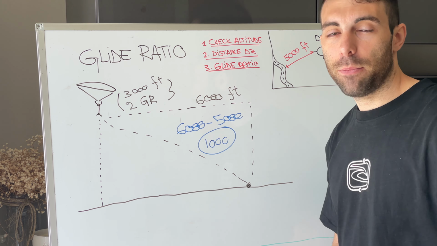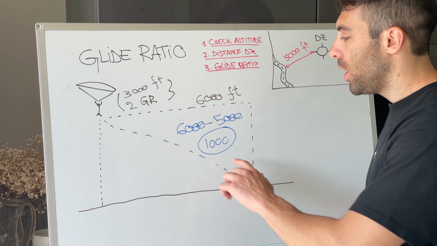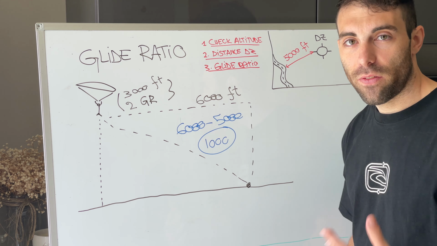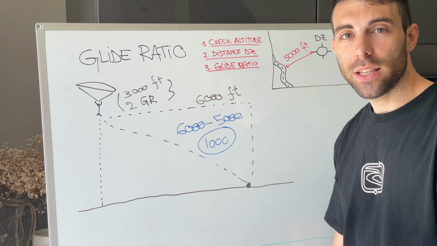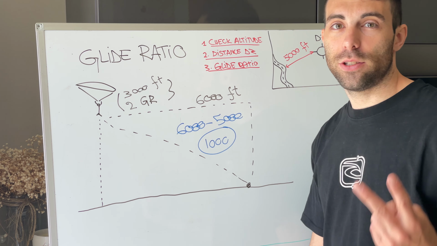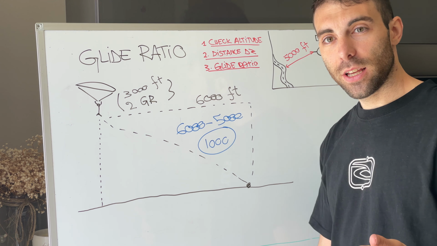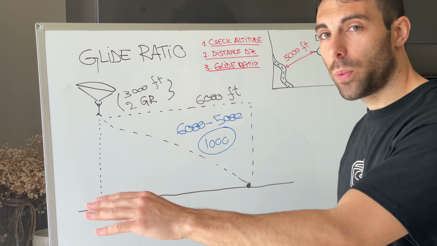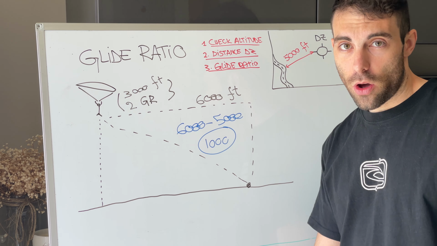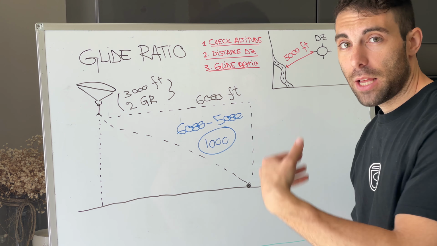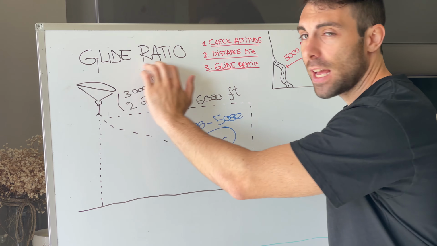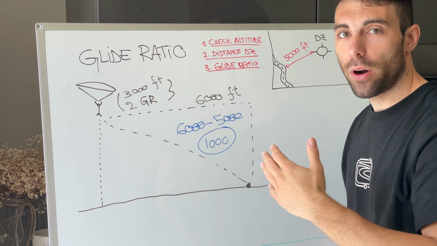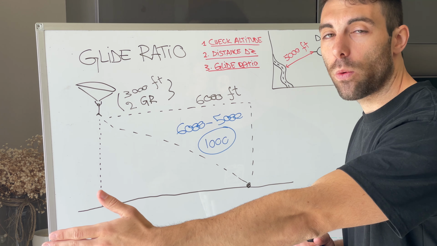If you end up in a situation where you don't have enough to make it inside of the landing zone, there are two things you can do. First is trying to figure out if you have any kind of wind that can push you towards the landing zone. So, as I said before, you can extend this number by flying downwind.